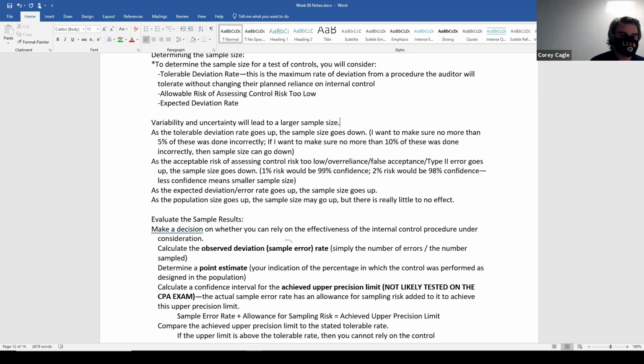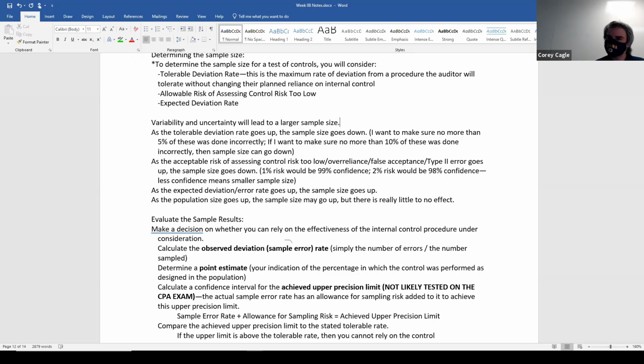So tolerable deviation, as that goes up, the sample size goes down, right? As we decide we're okay to tolerate a bigger deviation, we're okay with a smaller sample size.